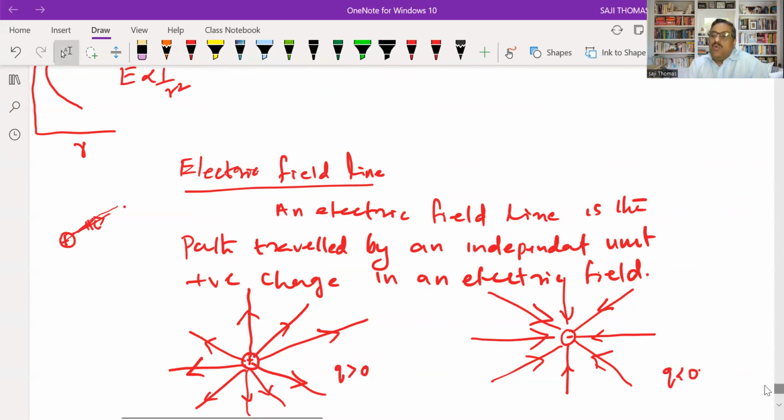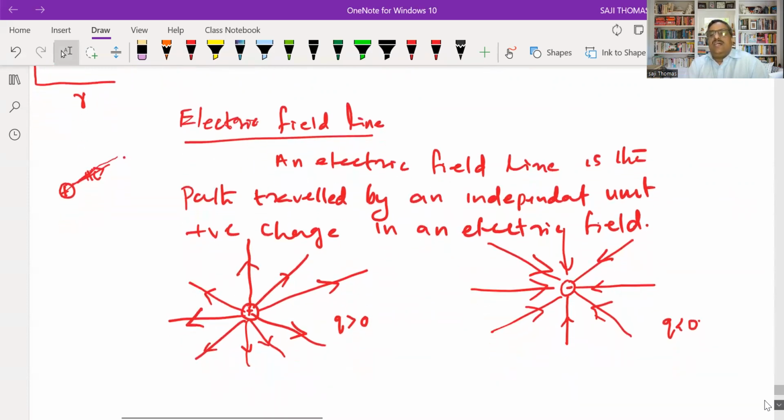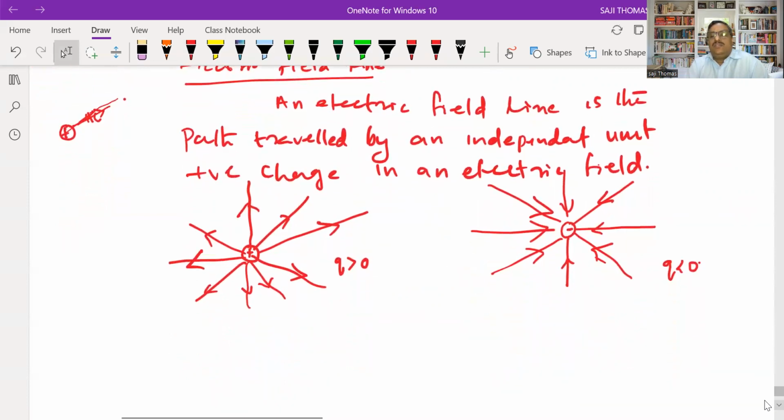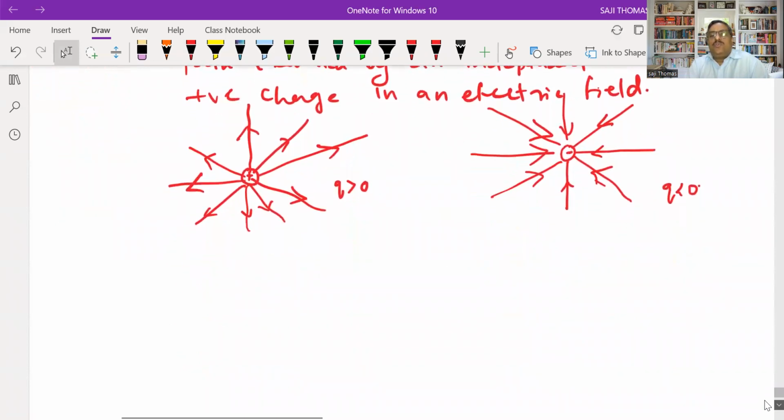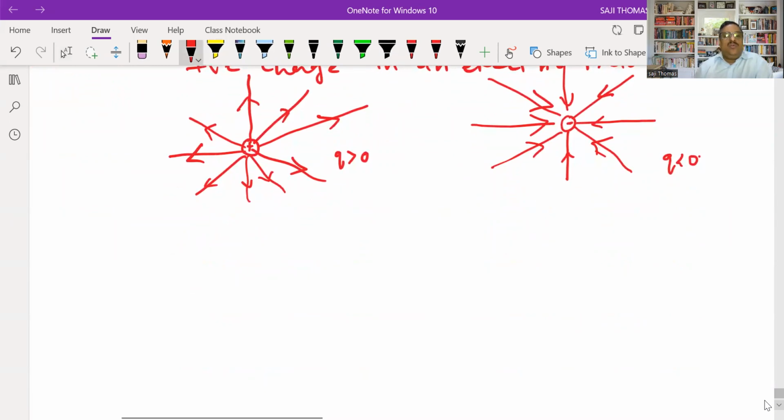But when there is more than one charge, lines of force will not be straight lines. They may be curved. For a system of two positive charges, I am going to draw. This is a positive charge, this is another positive charge. So lines of force will be like this.